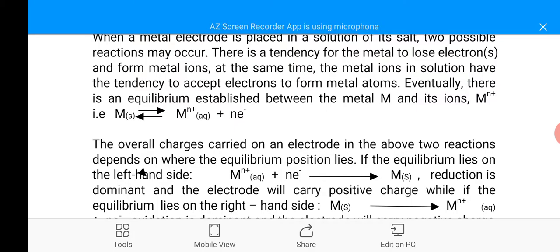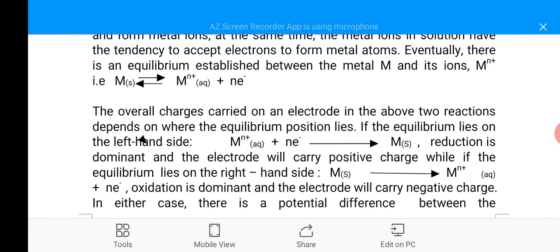If the equilibrium lies on the left hand side, it means you are having M^n+ gaining electrons and forming M solid. Reduction is dominant. We all know that when we define reduction or oxidation, reduction is gain of electrons. So gaining of electrons will make a particular species to be reduced.